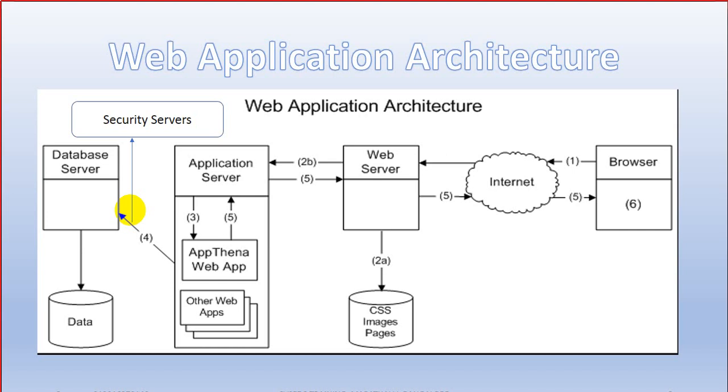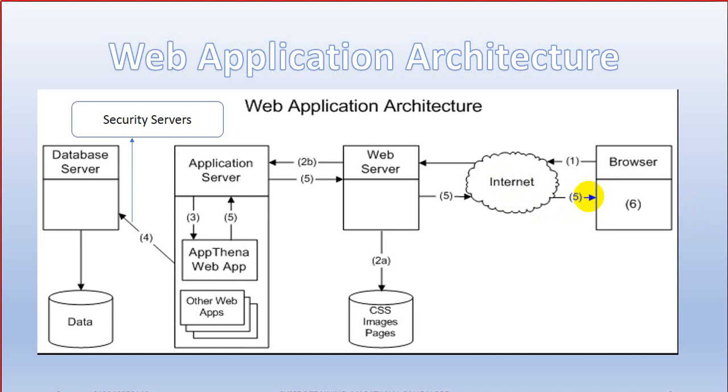The same way for web applications, like a banking application, through the internet you access the browser, go to that website, enter your username and password, and click on login.